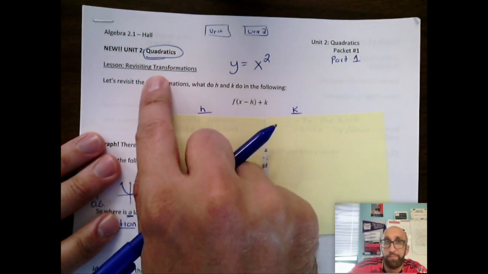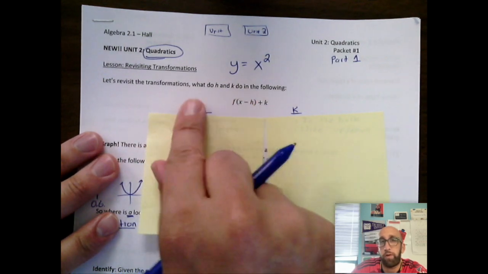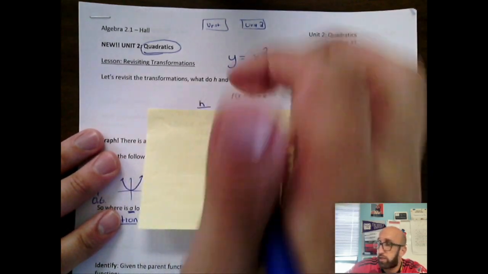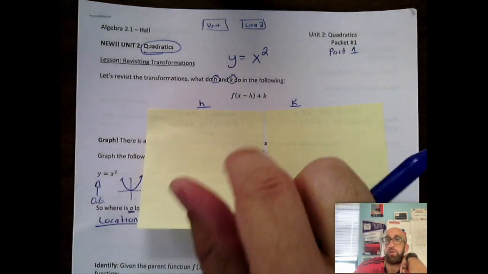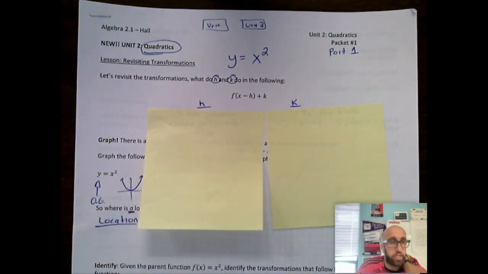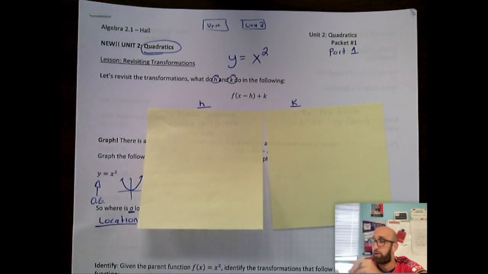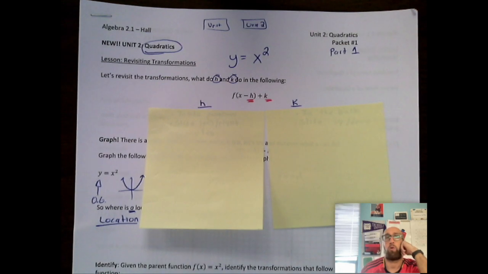So where we're going to start is transformations. So before we jump full into new transformations, let's remind ourselves what h and k do. So we've talked about it back in Unit 1. We talked about transformations of h and k. What I would like for you to do is you could pause this video and just think about what do h and k do.